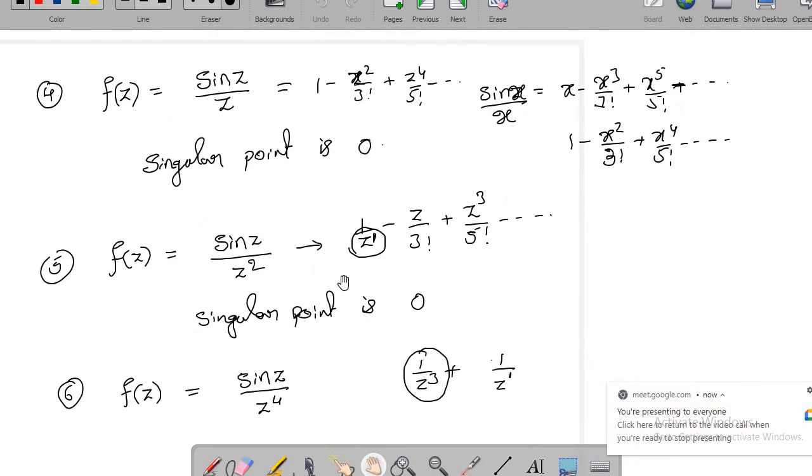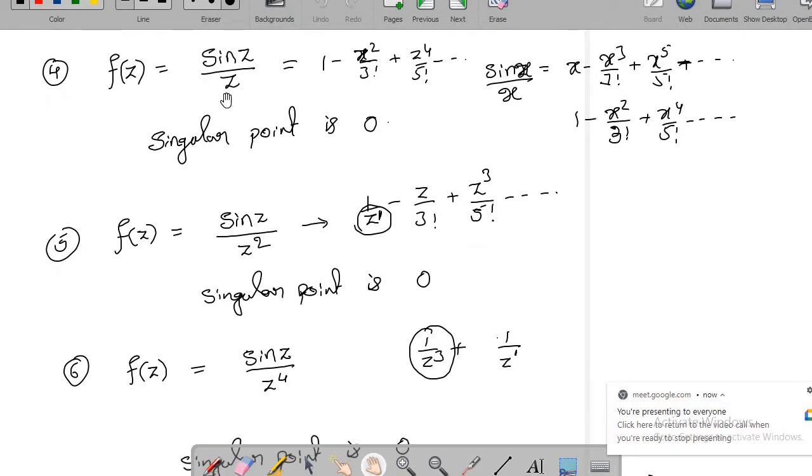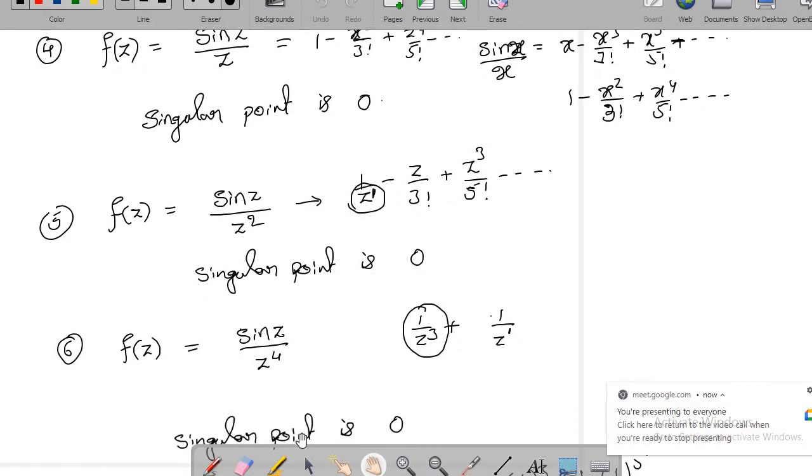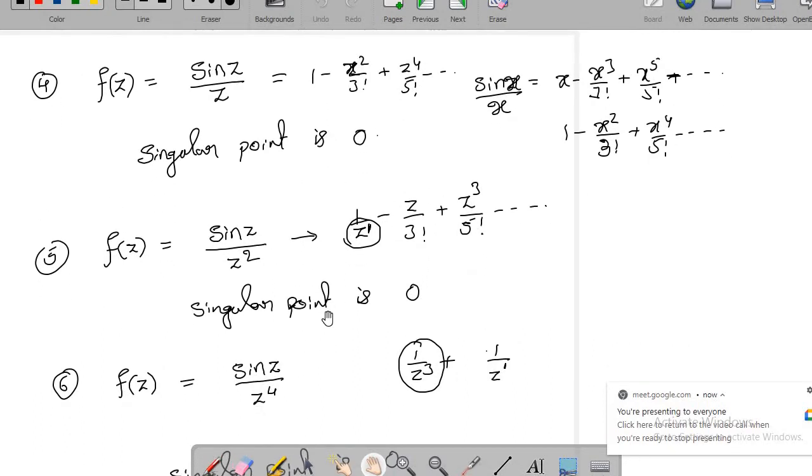And we saw some basic expansions. Before expansions, we saw the singular points of sin z by z square, and sin z by z power 4. For all these three functions, we have 0 as a singular point, but its nature is different.